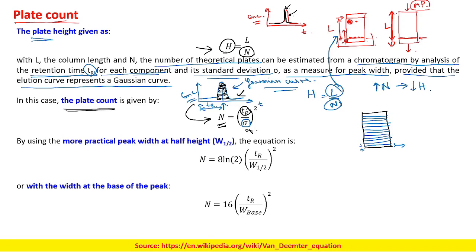Okay. So what is the possible way? The possible way is that, suppose this is your peak, analyte peak. Okay. Now this baseline means zero concentration, 0%. At peak, say we consider it as 100% concentration, okay, or 100% height. Now we draw a line at 50%.